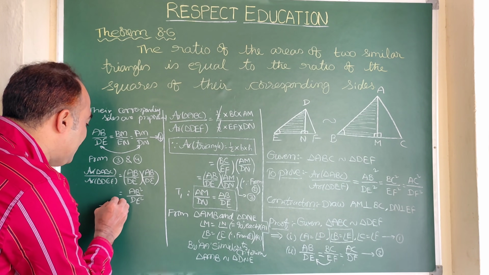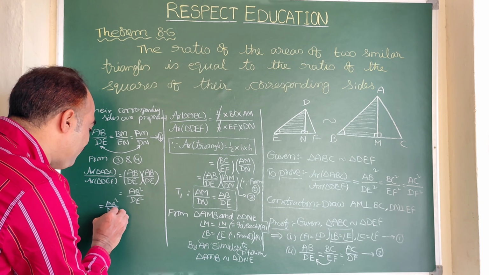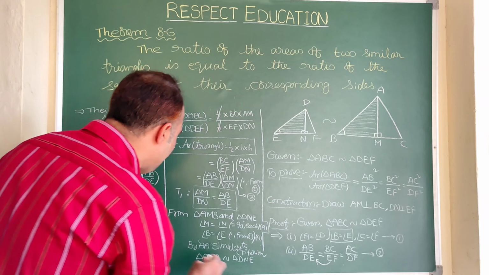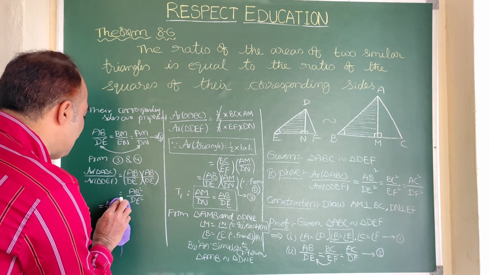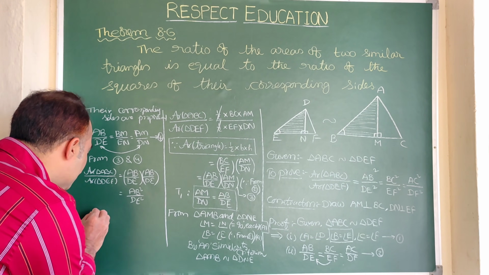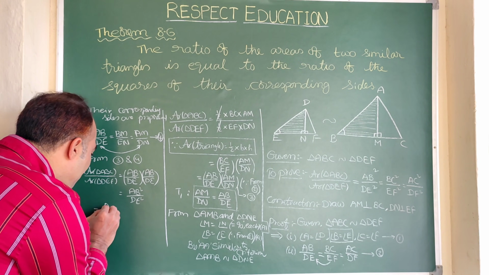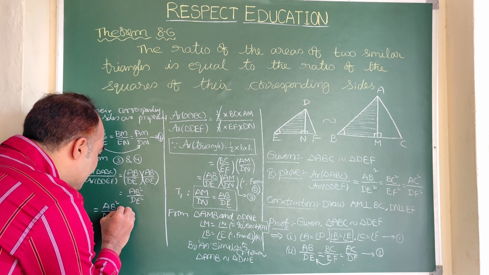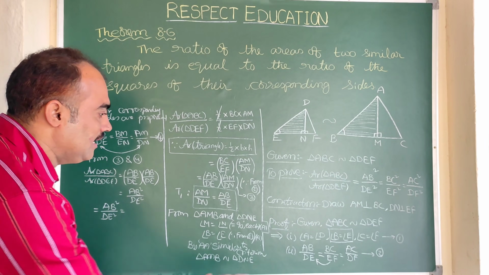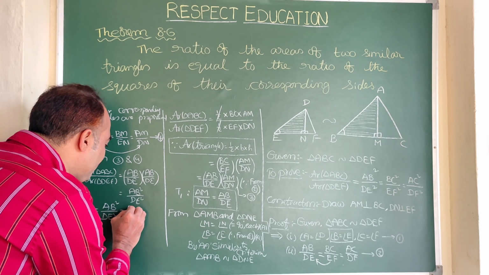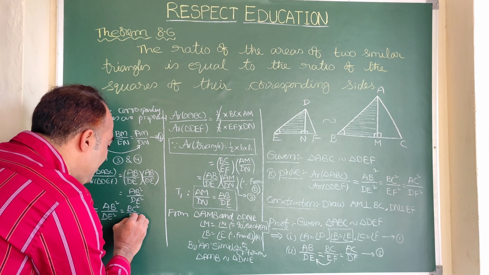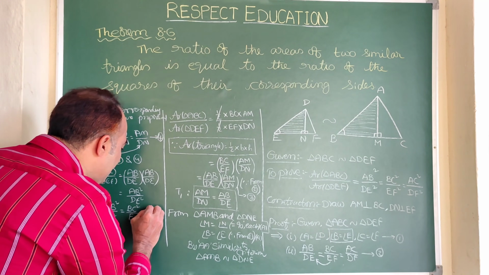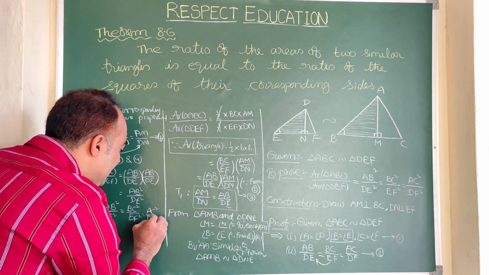Writing it clearly, AB square by DE square is equal to BC square by EF square, which is again equal to AC square by DF square.